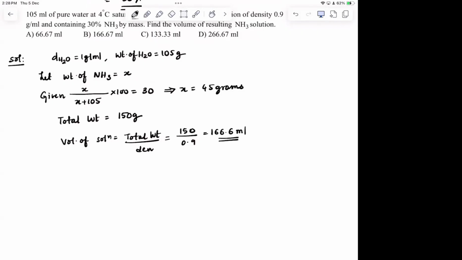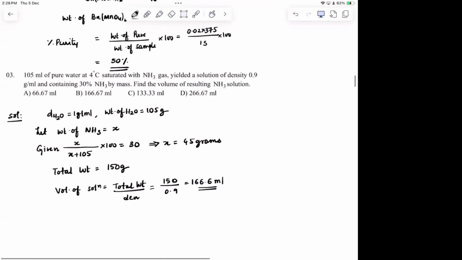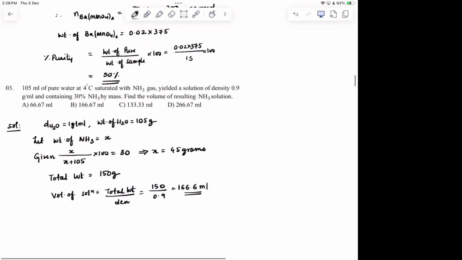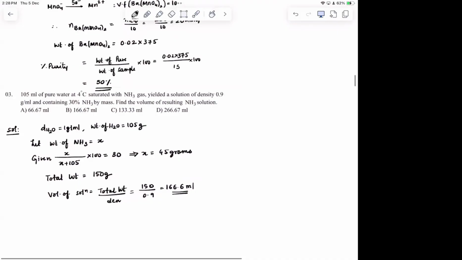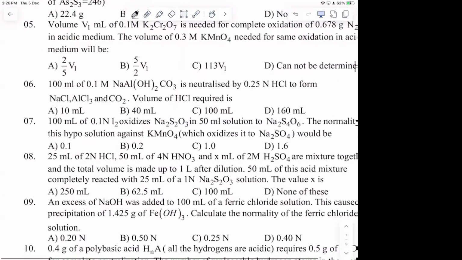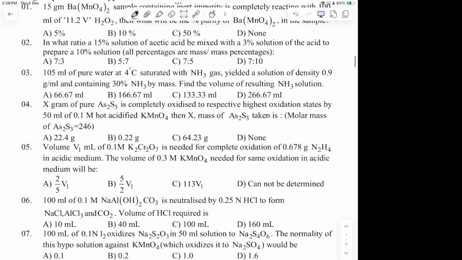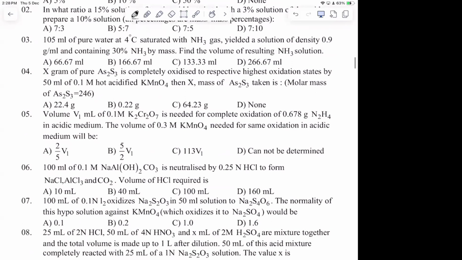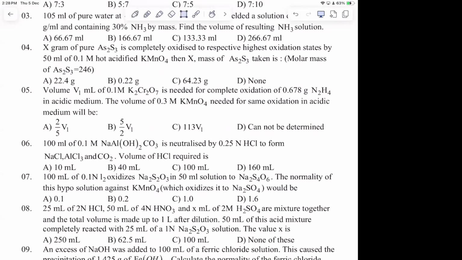So that is the answer. Okay, clear? Again, very simple case, how to convert into various volume factors from mole concept. Next, check out the fifth one now.